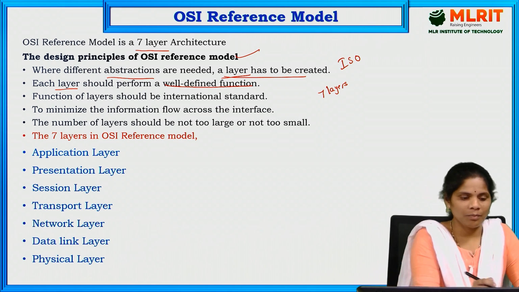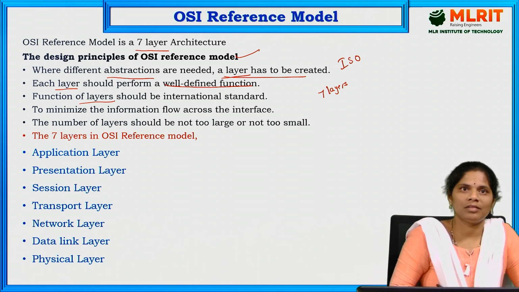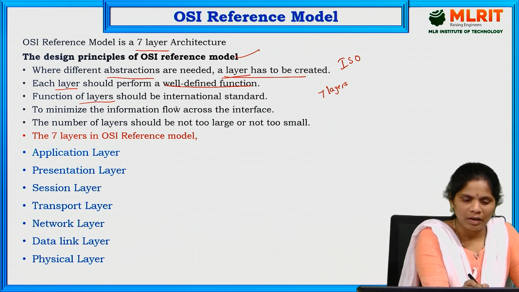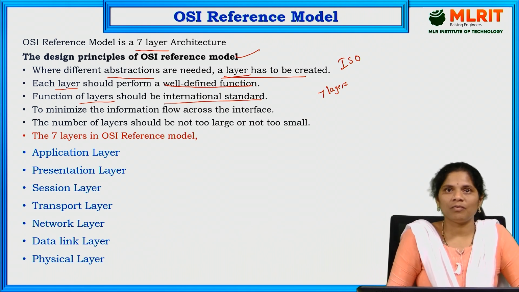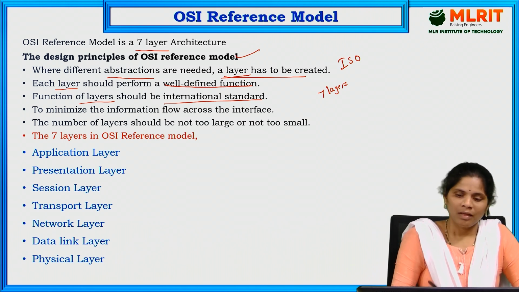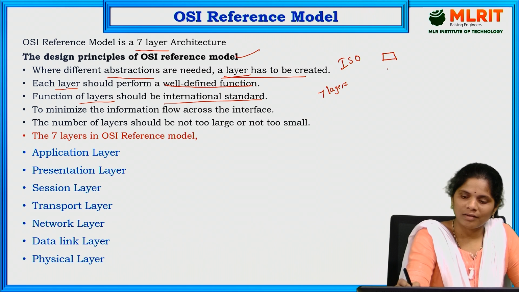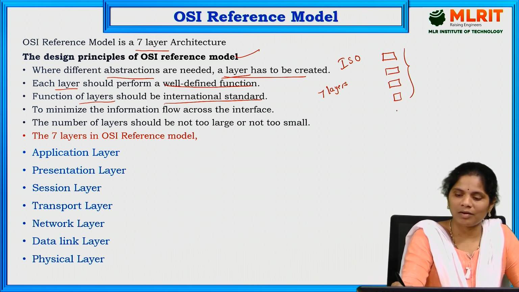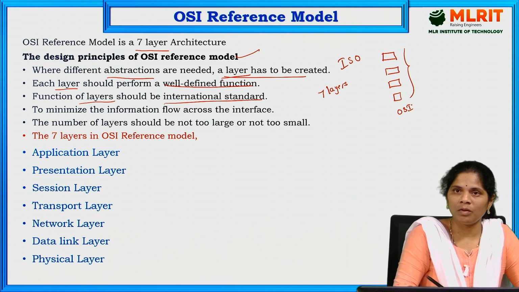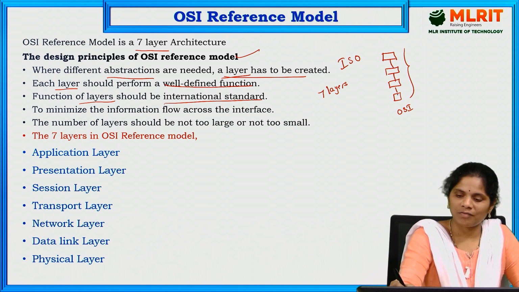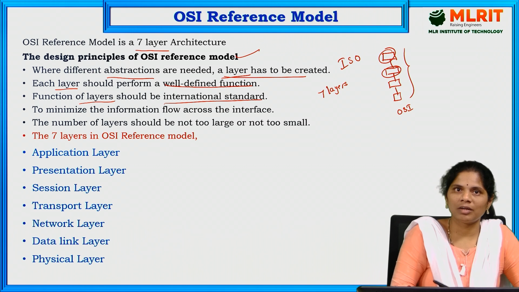At the same time, the function of each and every layer should follow international standards. Whatever functions each layer provides should be international standard. Let us assume these are the different layers in OSI. In between them there is an interface, so each layer has an interface boundary.